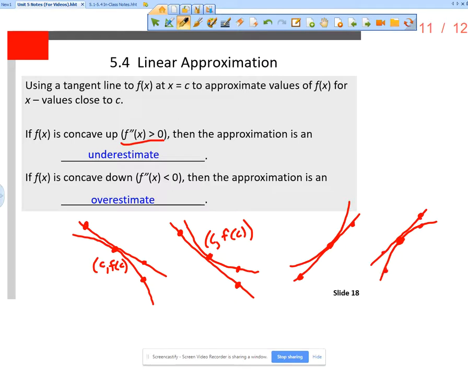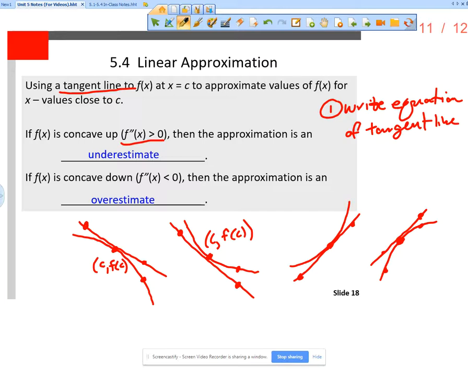All right. So what are we going to do? We are going to write the equation of a tangent line. So number one, we're going to write the equation of a tangent line. We know how to do that. We've been doing that for a long time.